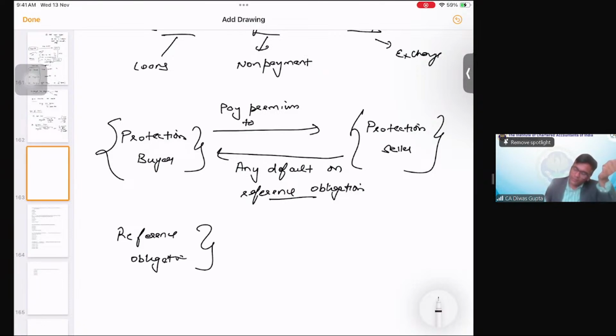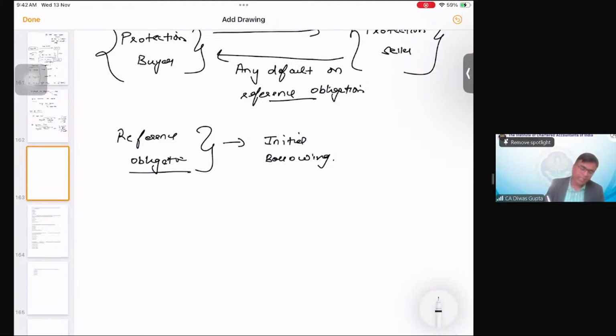So this is someone who has done the initial borrowing. The premium will be paid as a percentage of the loan amount. So this reference obligation can be bonds, corporate bonds, corporate debt, it can be anything, right?